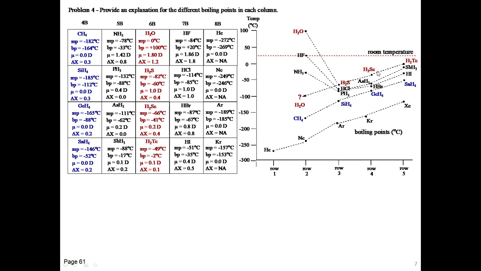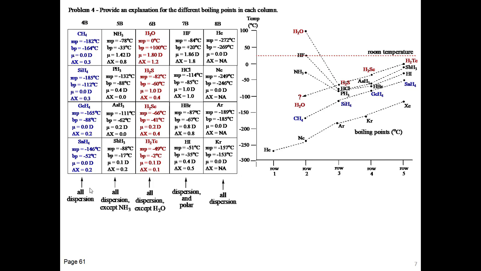But this one right here, it just goes down, down, down, and then all of a sudden it shoots up to ammonia. And it turns out that even on this one right here, the main thing for the HI is the dispersion forces. Okay, there's a little bit of polarity here, but it still goes down, down. It's a little distorted because HCl has a little bit of polarity, but then it shoots up to HF. So HF, because of its hydrogen bonding, drastically is different than all the rest of the members of its family right here.